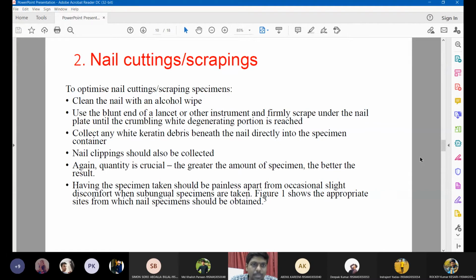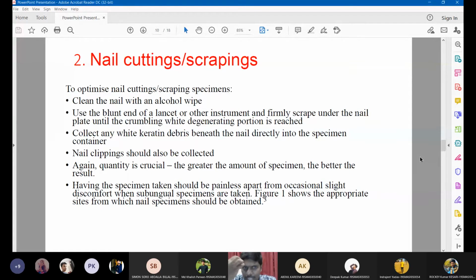Then with the help of a sterile lancet or surgical blade, rather than cutting the nail, we need to start sharpening the nail and make a powder out of it. So you need to start scraping on the surface of the nail so that you will get nail powder. In that nail powder, there is a high chance of getting a good fungal sample.